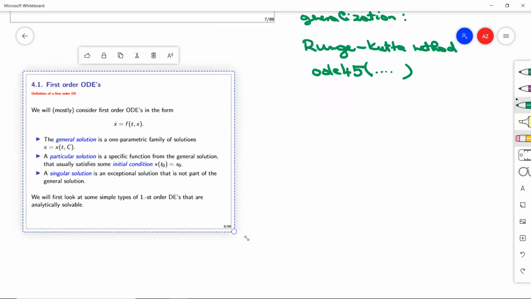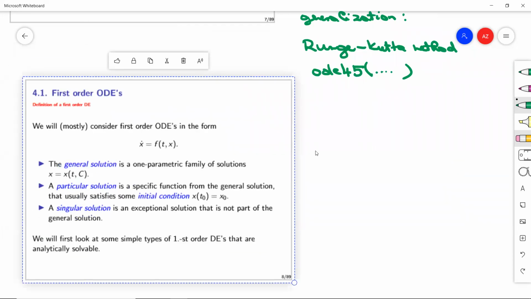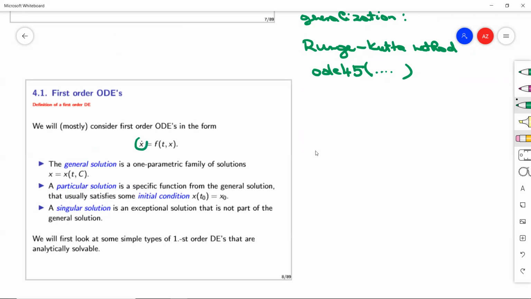Okay, first order differential equations. So first order ODEs are ODEs where we only have the first derivative present. And if we only have the first derivative present, then we can write the first order ODE as f of t, x, x prime is equal to 0.